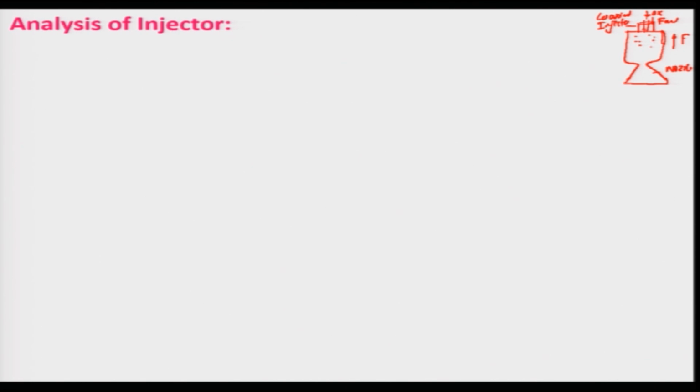So, for that we will have to look at the mass flow rate of the total propellant. You can say this is basically m dot p, the total propellant, and that is nothing but F, your thrust, divided by V E, your exit velocity.